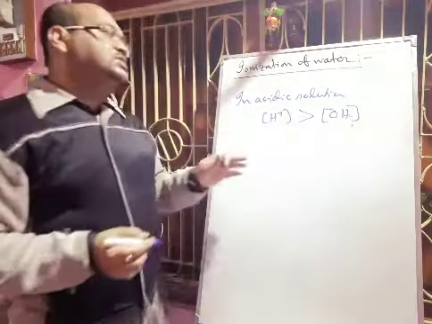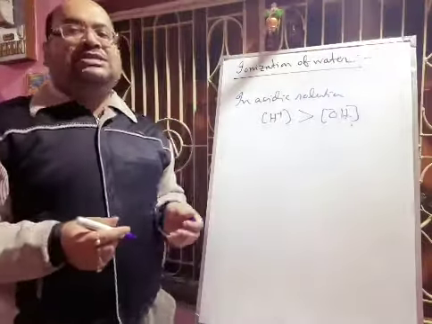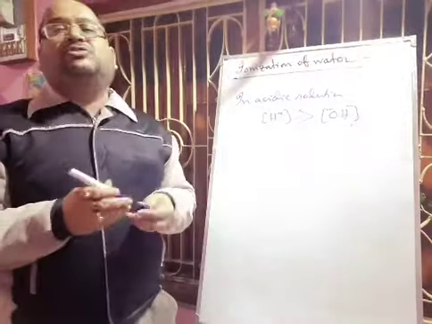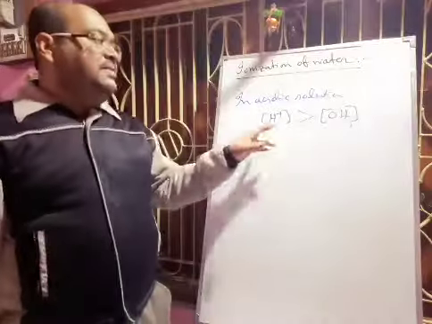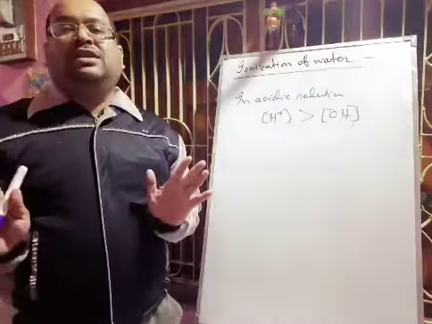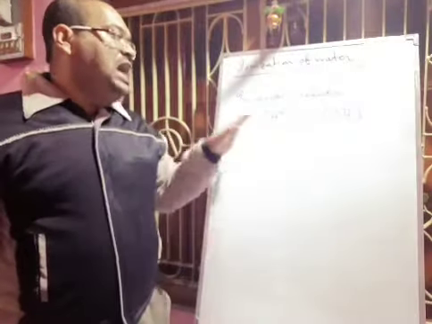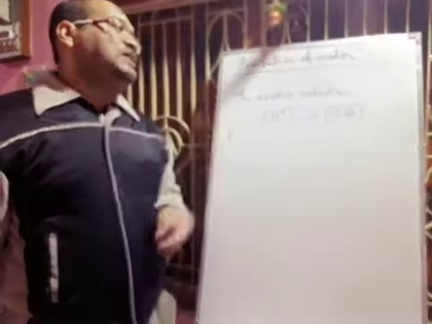In basic solution, that will be just the reverse: concentration of OH minus will be greater than concentration of H plus. And in neutral solution, these two concentrations will be equal.